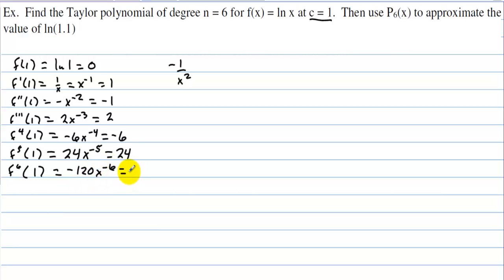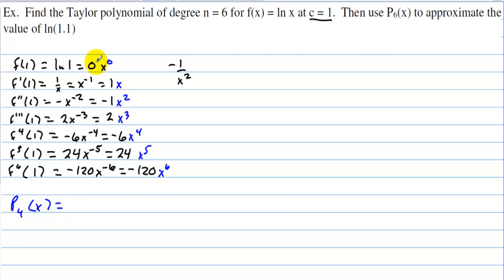The denominator will be 1, and we get negative 120. The 0 is going to be the constant, or really x to the 0. This is x to the first, x squared, x to the third, x to the fourth, x to the fifth, and this is x to the sixth. But we have to keep in mind that this is centered at 1 and not 0.